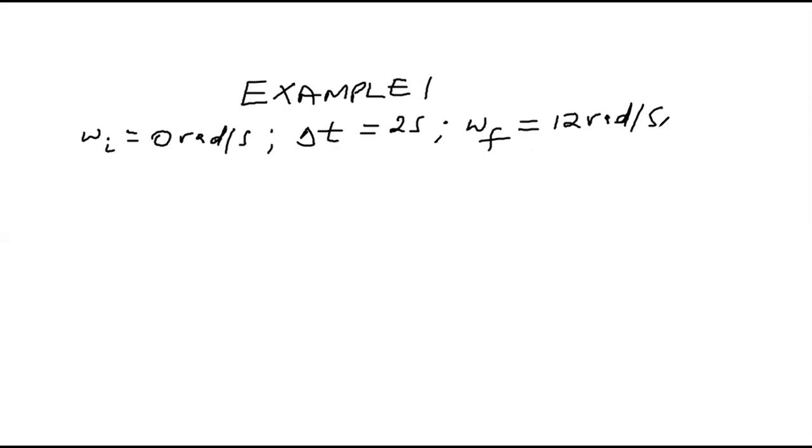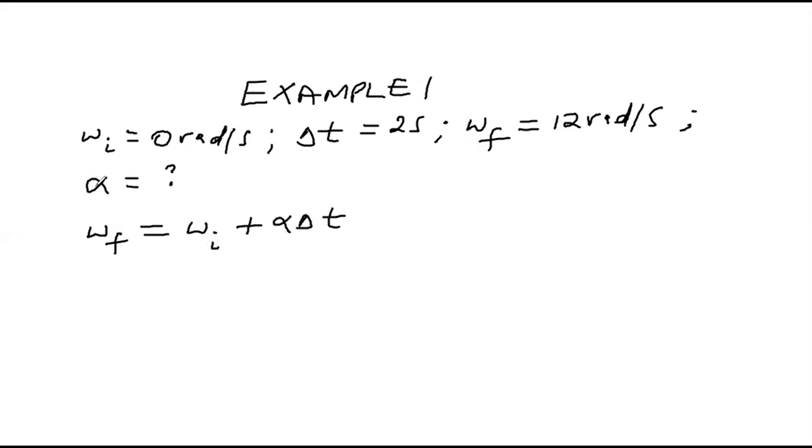So what are we looking for? We're looking for the angular acceleration. Let's consider the formula to use. We can use this formula: the final angular velocity equals the initial angular velocity plus angular acceleration times the time taken.